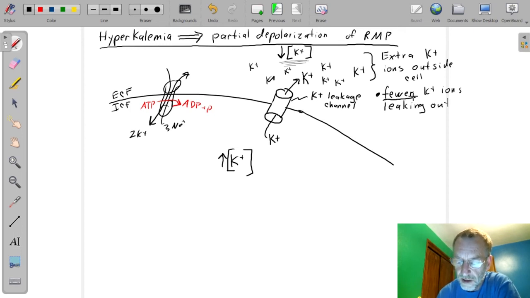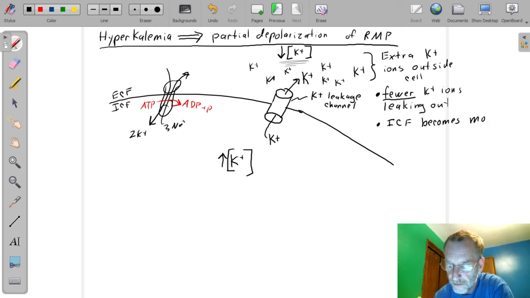And you know that they're positively charged. Therefore, the intracellular fluid becomes more positive. Less negative.